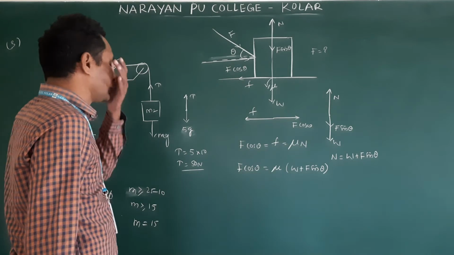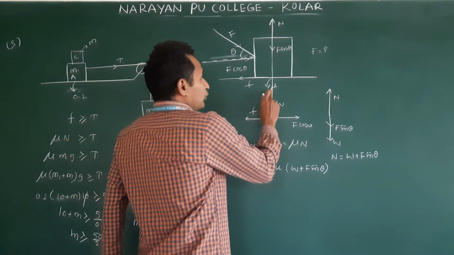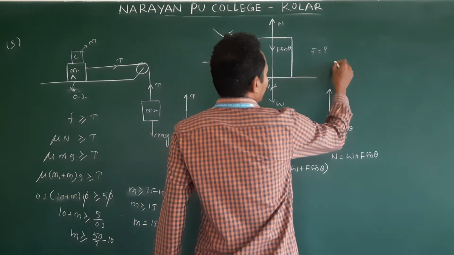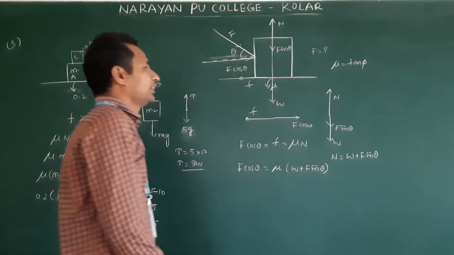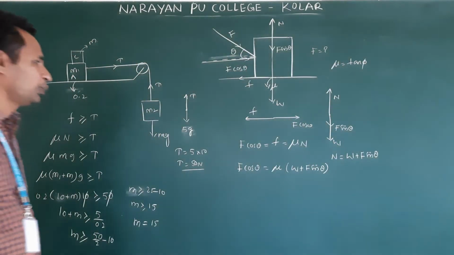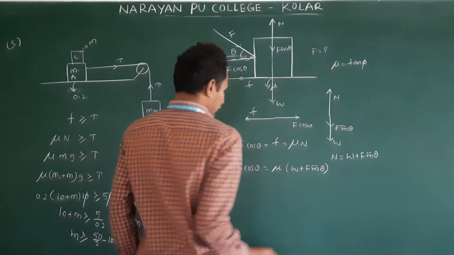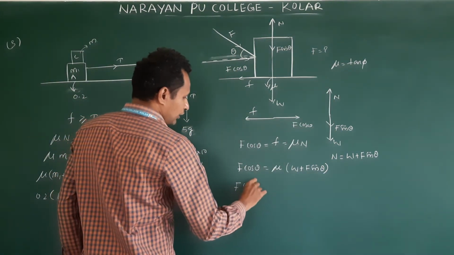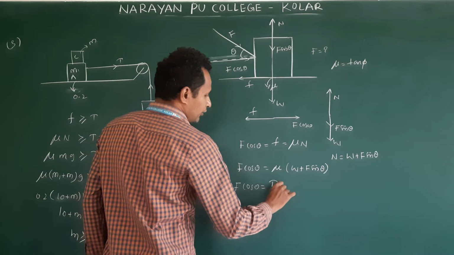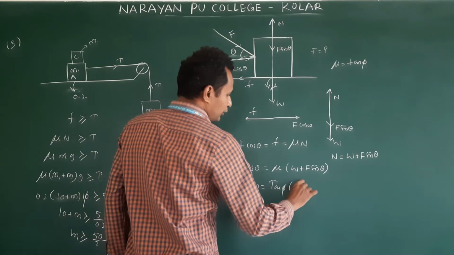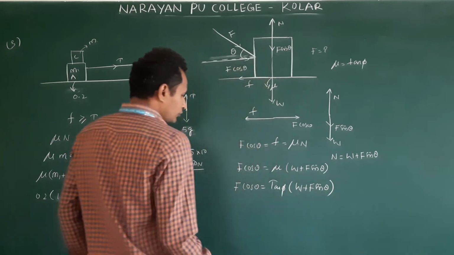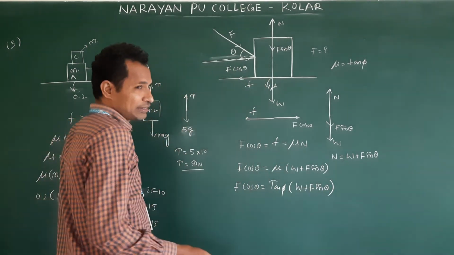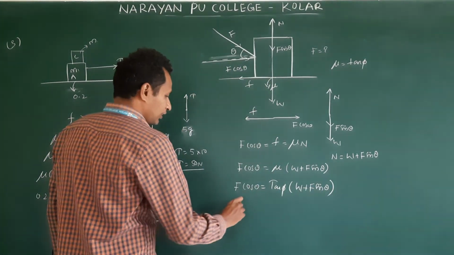Already we have seen friction in terms of angle. What is the formula? Mu is equal to tan phi, angle of friction. So mu we can write as tan phi. So F cos theta equals tan phi into (W plus F sin theta). To understand, I am writing step by step, but this many steps are not required, right?